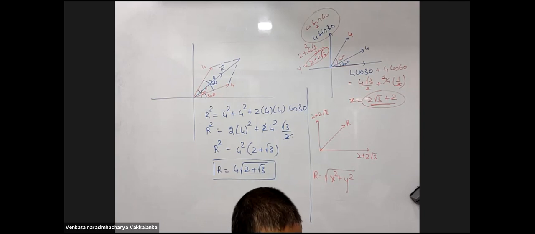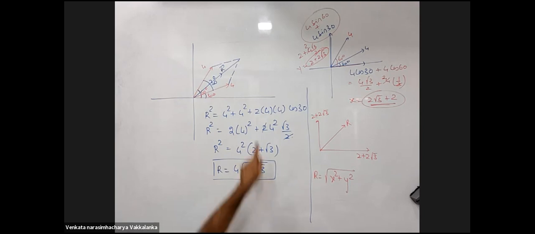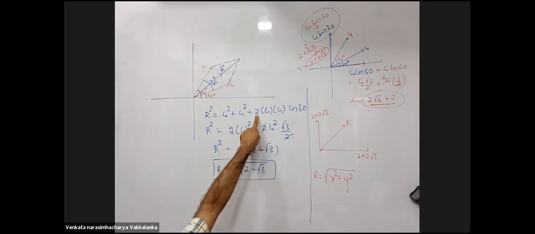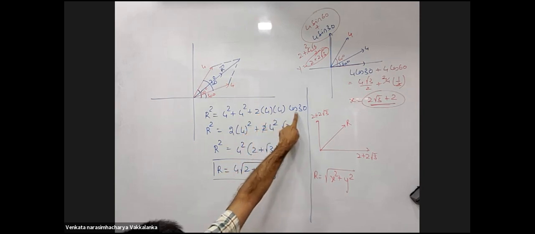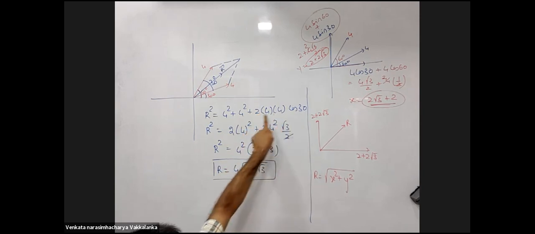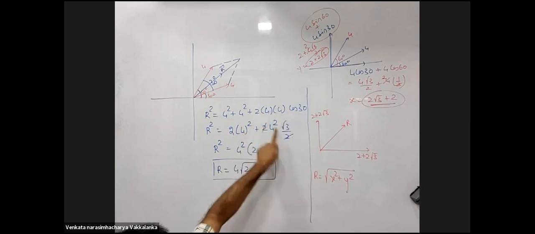Sir, in that parallelogram method, in the second step, what is that 2? In the parallelogram method, in the second step, you have cancelled that 2. Yes, what is that? A square plus B square plus 2AB cos theta.